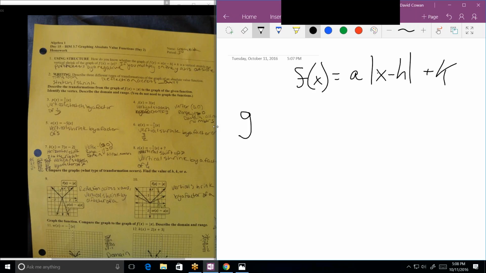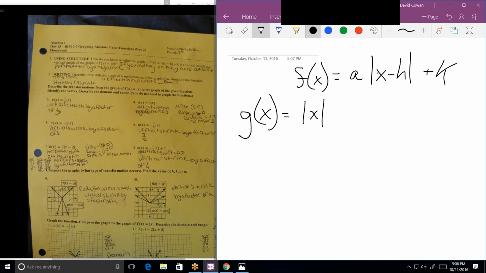They call it f of x, but it really isn't good to call them both f of x. You see why? They're not both f of x. One is a different function than the other. If that is the parent function, how do I know if f of x is a shrink or a stretch of the parent function? That's the question. What's it based on?